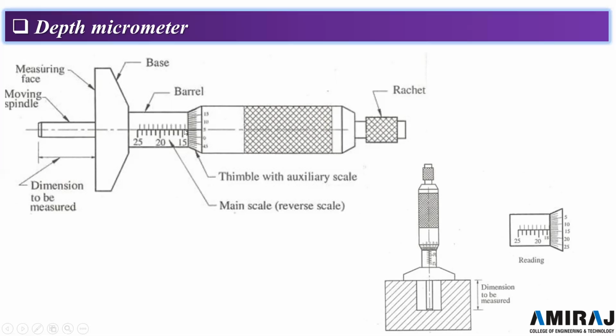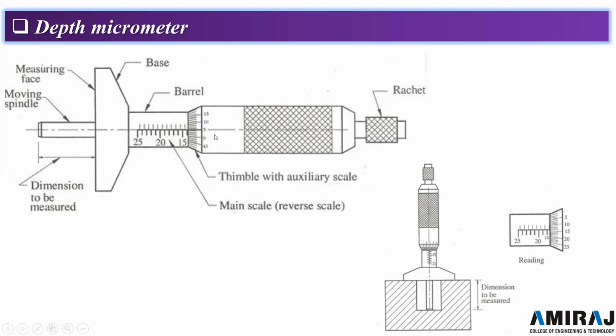Suppose the main scale reading, here you can see 15 or 16. Okay, there will be 15 and a half, so we can read it, or here you can see there is also one reading, so you can find how it is calculated.